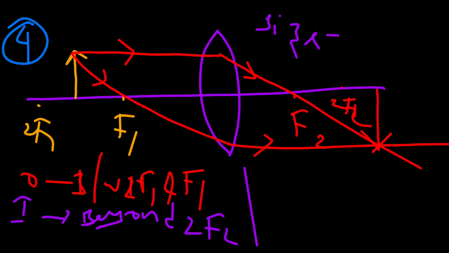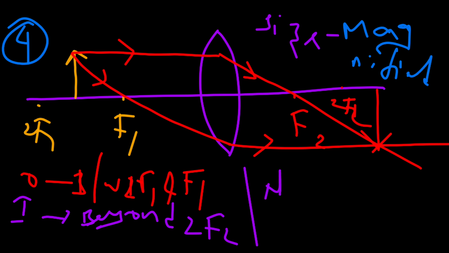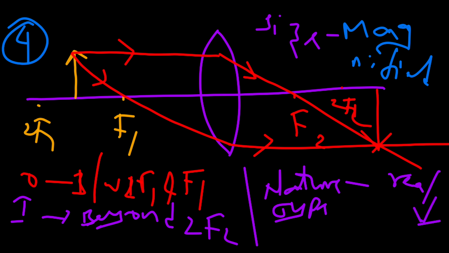The size is a little magnified, increased a little, so we'll say it is a magnified image. And the nature or type of image is real and inverted. Did you get it? Okay. So let's move on to the fifth situation.